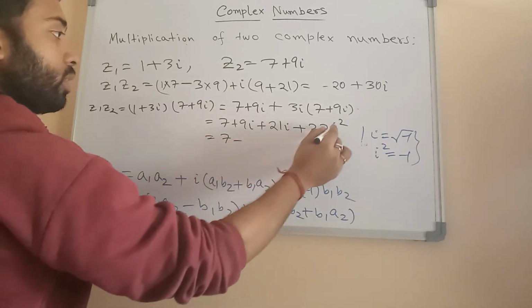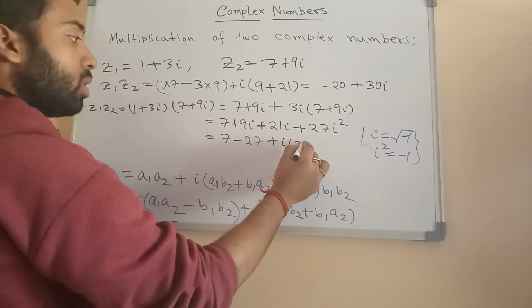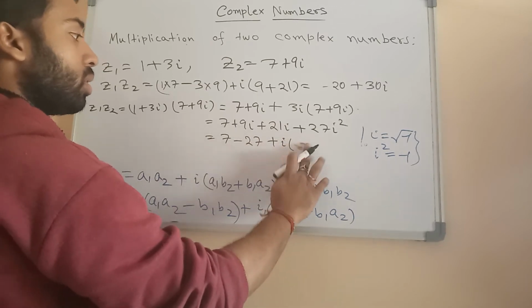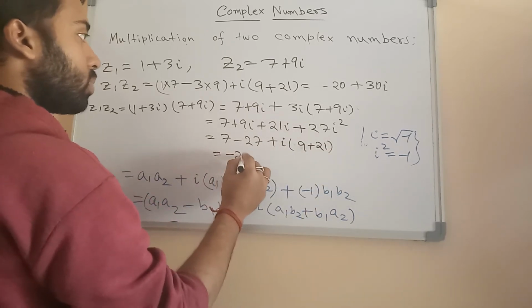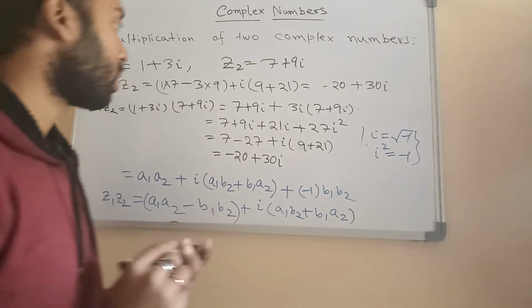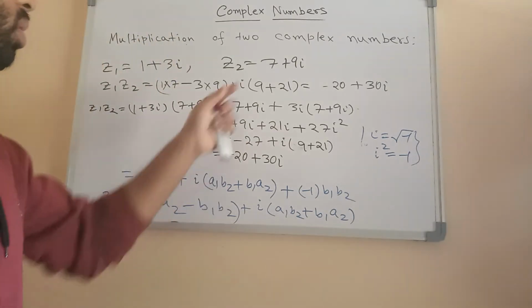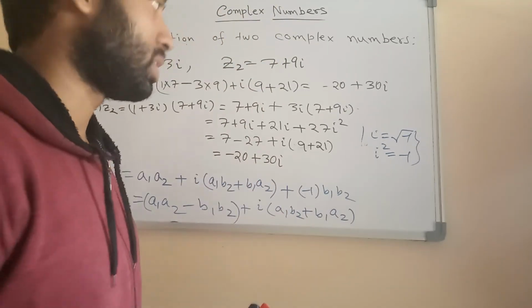Since i square is minus 1, it is minus 27. So we get minus 7 minus 27 plus i into (9 minus 21). Okay, so this is the rule for how we can find the multiplication between two complex numbers.